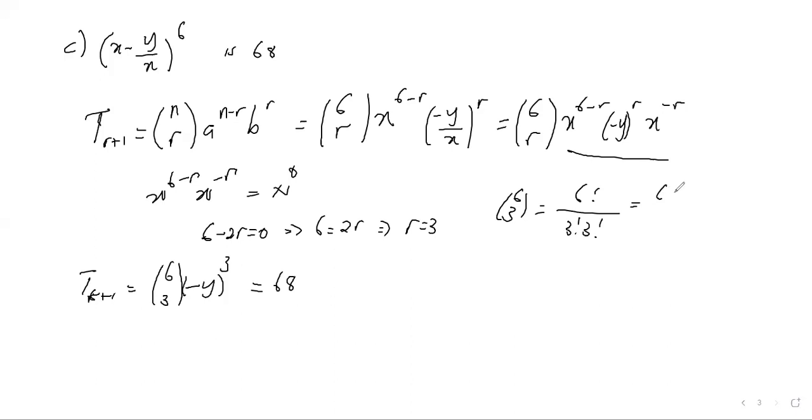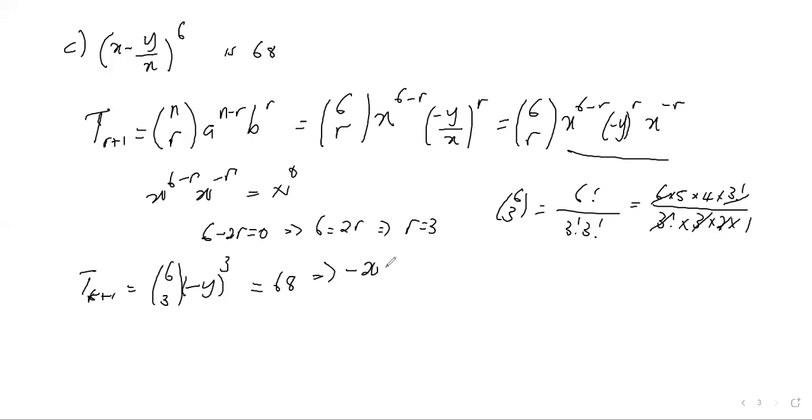That is 6 by 5 by 4 by 3 factorial over 3 factorial by 3 by 2 by 1. And so these will cancel. Then the 3 and the 2 take away 6. So we have a 20 from there.